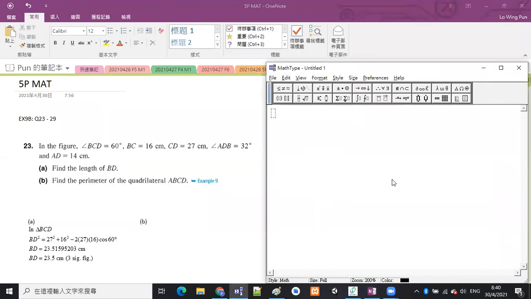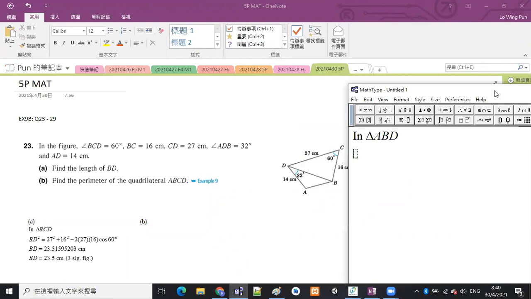So in triangle ABD, I want to find AB, find the length AB.